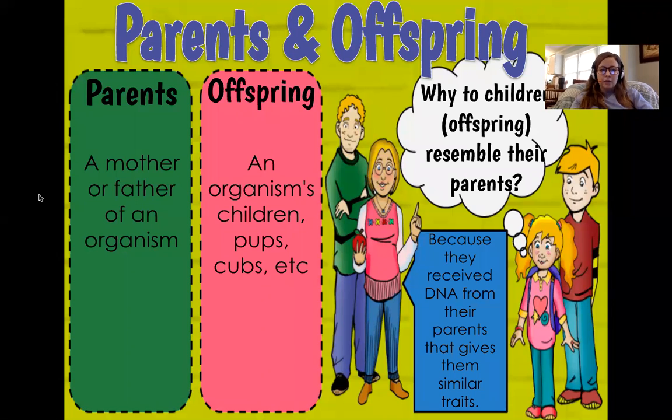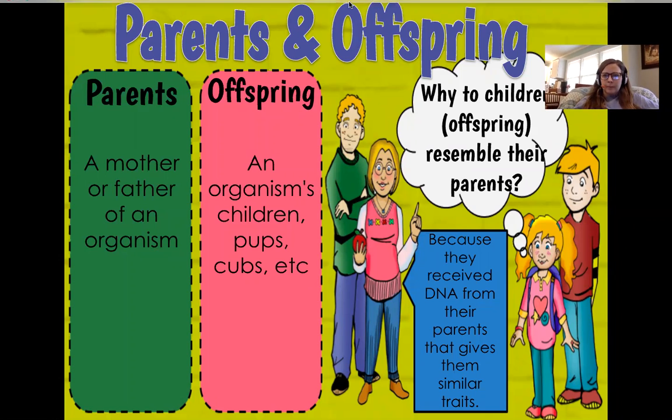They get half of their traits from their mom and half from their dad. And which ones show depends on which traits are dominant and which ones are recessive. Okay.